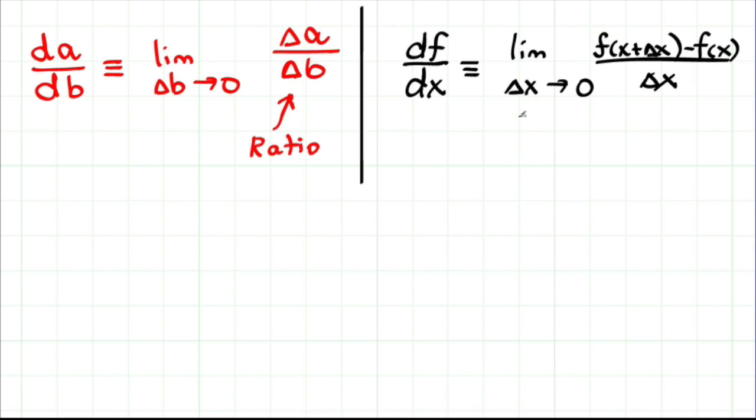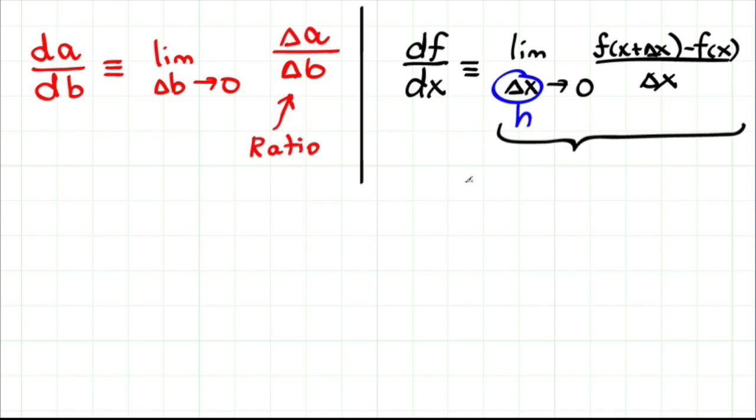And sometimes, instead of a delta x, a calculus book will use the symbol h here. And this definition here and the one I've shown you here are exactly the same thing. And now I'm going to show you how to make the connection.